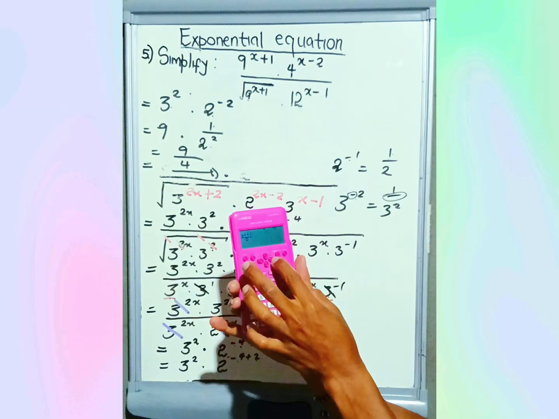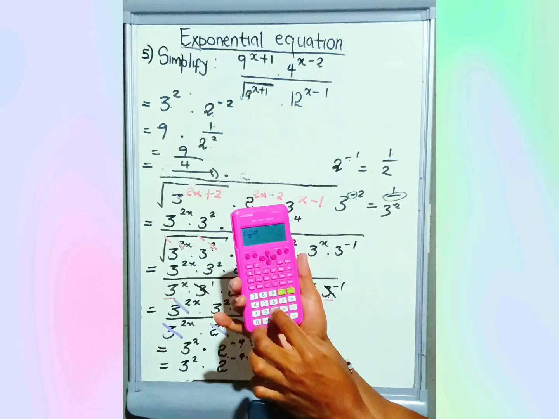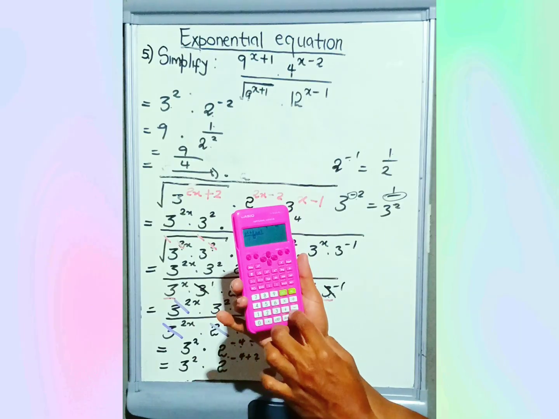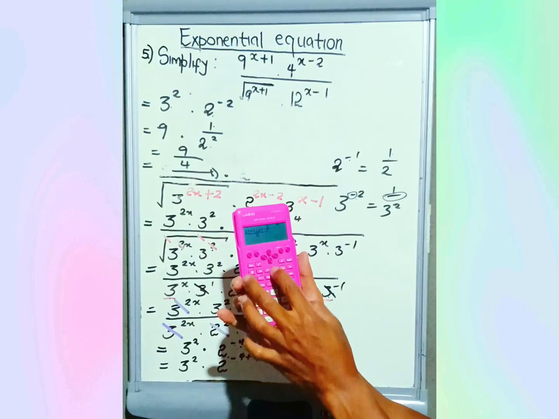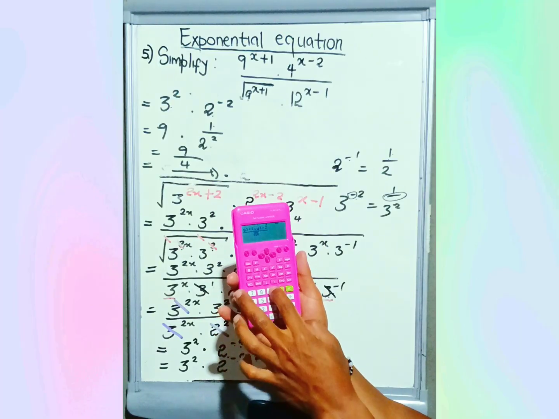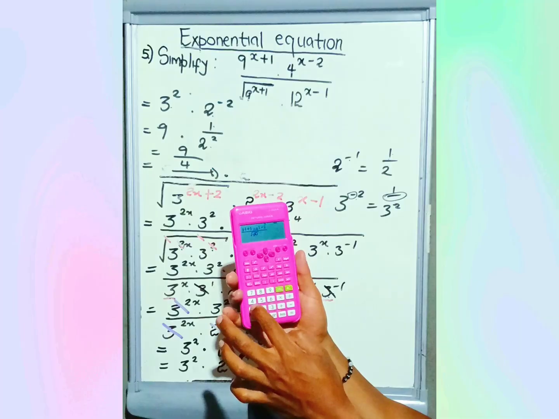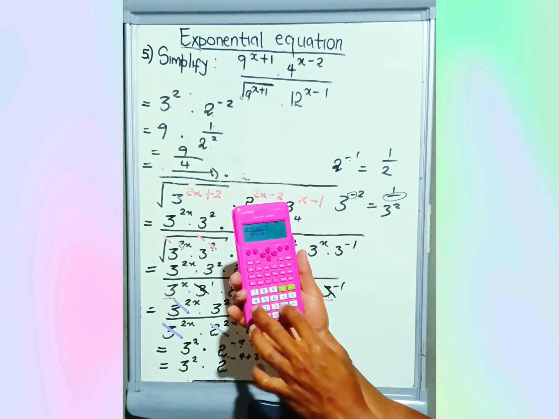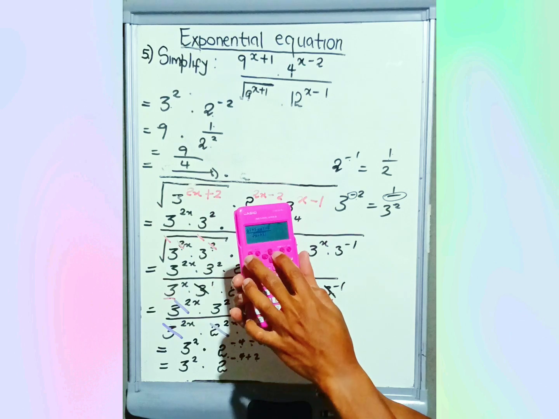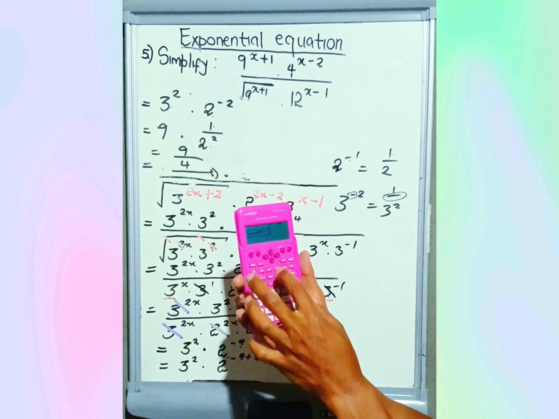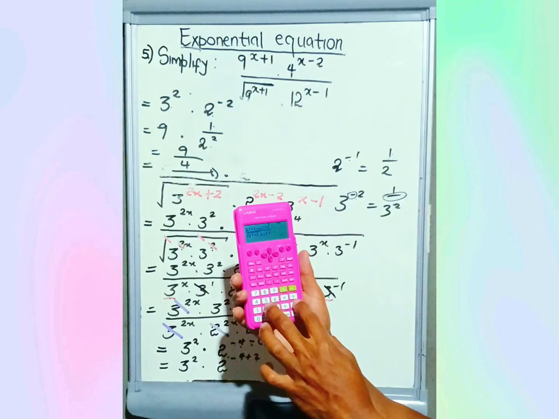Then we have times 4 raised to, instead of writing x, we put 1, negative 2, over the square root sign, we have 9 raised to 1 plus 1, then times 12 raised to 1 minus 1.